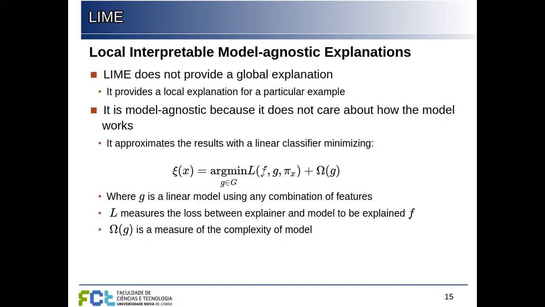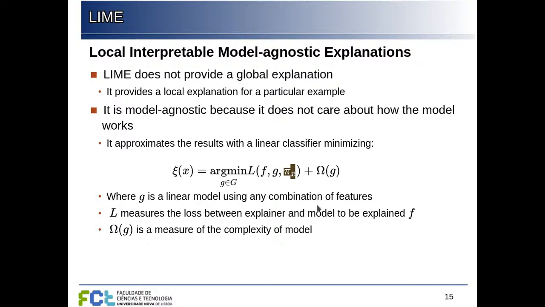So basically we have the outcome of the model, this F, which is how each example is being classified, and we want to minimize this loss function between what the model to be explained has decided and this linear simple explanatory model that we have, G, given some neighborhood of points.